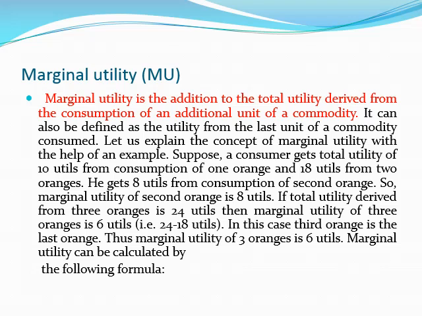Marginal utility is the relation between the first total utility and the second total utility. So TU2 minus TU1 equals MU2.